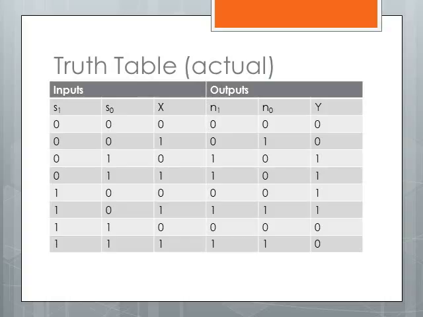So you see that n sub 1 is 0 and n sub 0 is 0. Now if our initial state is 0, 0, A, and x becomes 1, we know, based on our definition, that we're going to go to B. So if you look, n sub 1 is 0, and n sub 0 is 1. So hopefully that previous truth table that I showed you guys will help you understand why we do things the way we do.